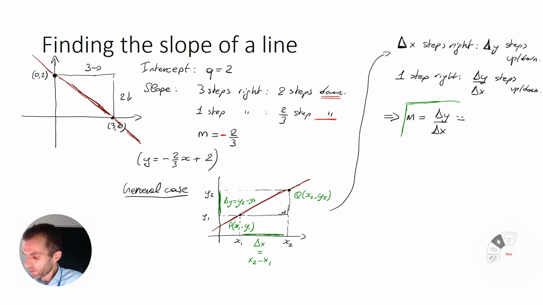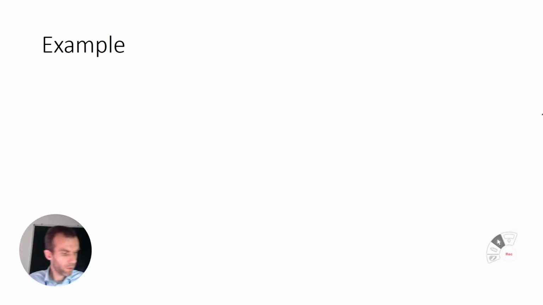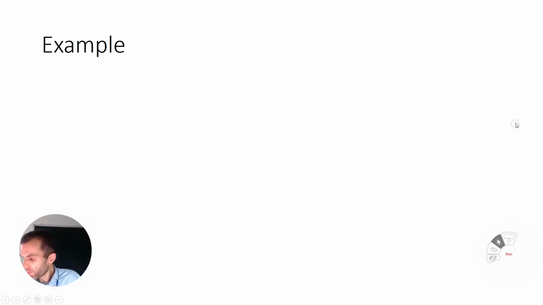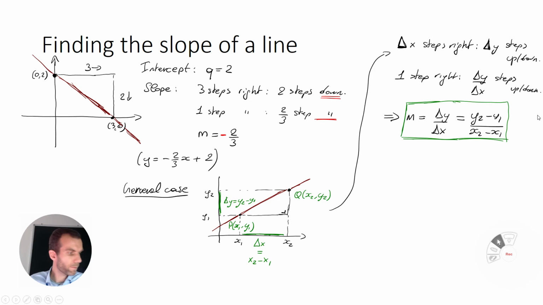And actually, let me write it in full. So that's the difference between the y coordinates divided by the difference of the x coordinates. And here you have to be careful, because x1 should not be equal to x2 here.